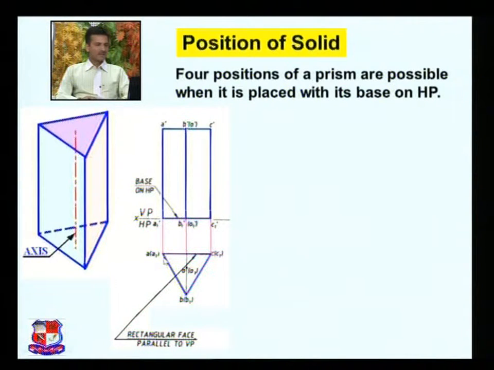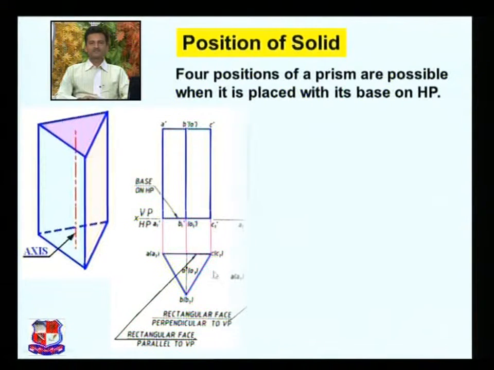Say here line segment AC is drawn. So first it is drawn parallel to the XY line and then we complete the steps. Then by taking projections from these three end points, we can draw its front view, which is a rectangle, and the height of this rectangle is equal to the height of the triangular prism. And this is the base on HP.